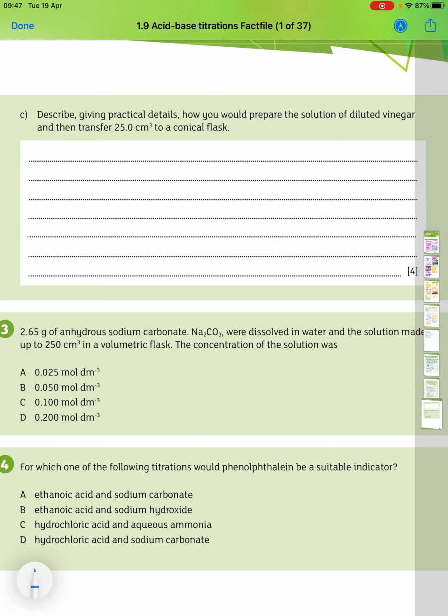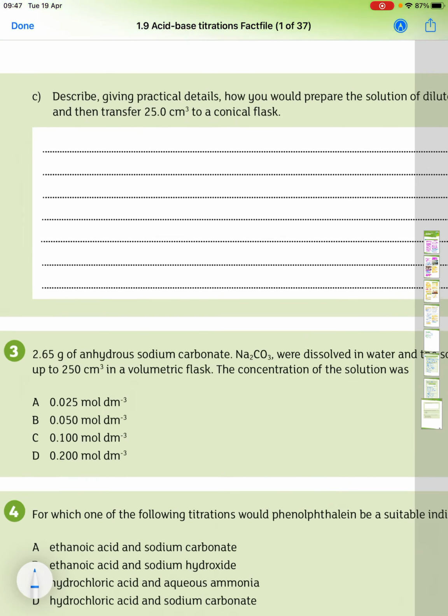Okay, so describe, giving practical details, how you prepare the solution of diluted vinegar and then transfer 25 cubic centimetres to a conical flask. I'm not going to write all of the detail here. You can see it in the answers to the fact sheet if you download the fact sheet answers. But I'm going to give you the main points.